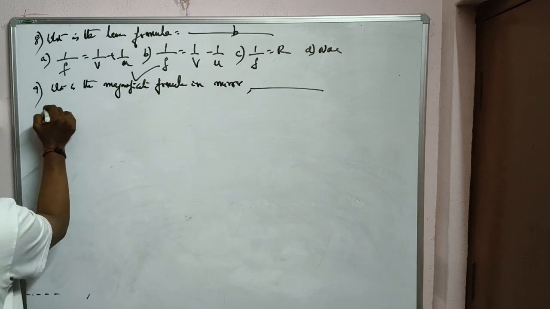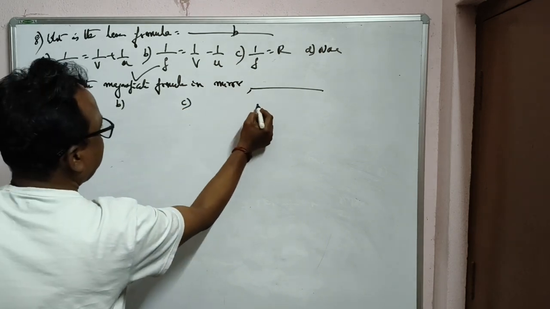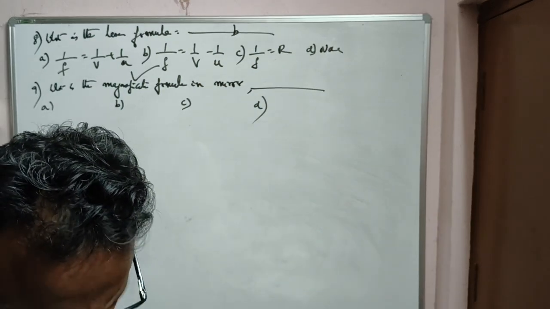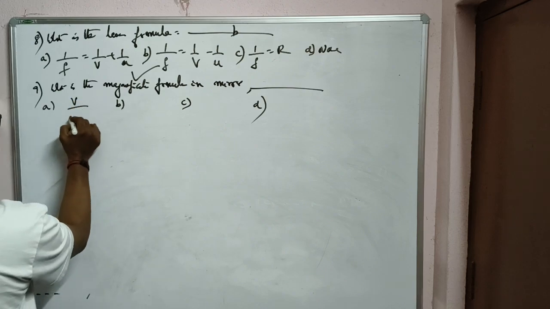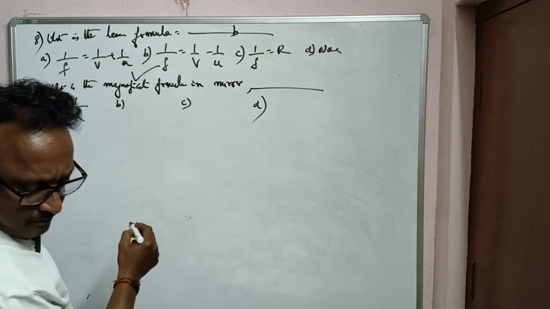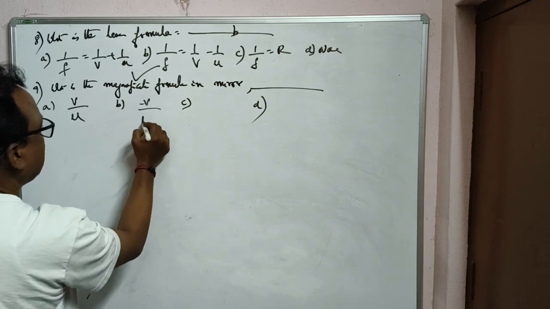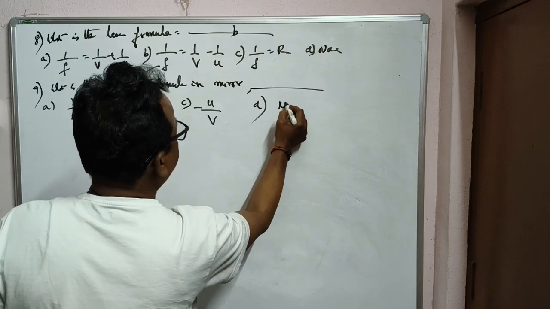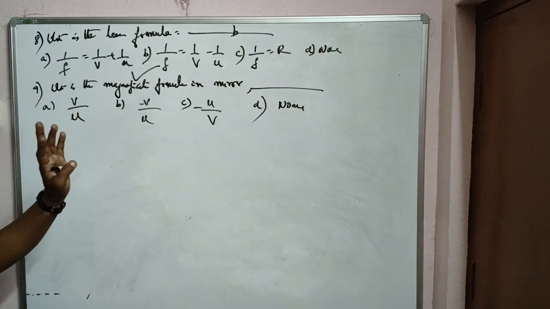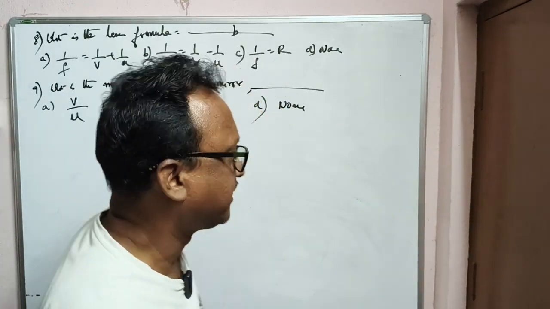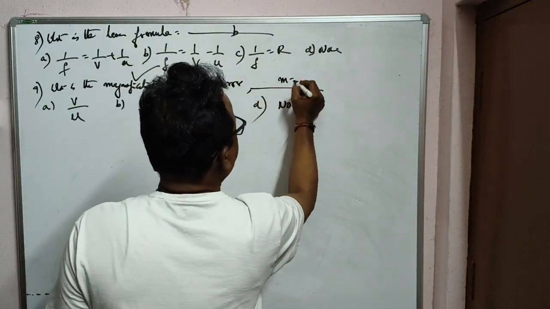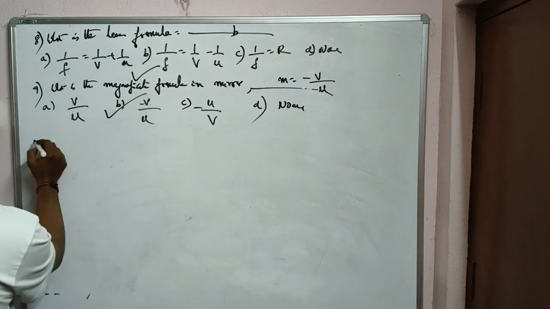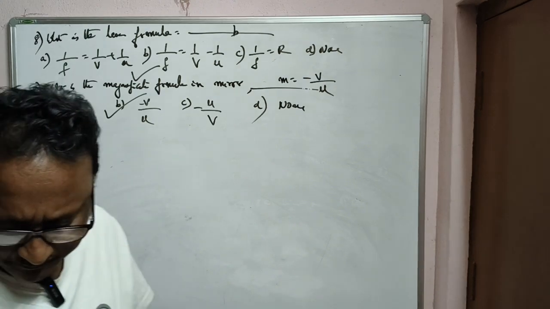Dash A, B, C, D. So he is asking you what is the magnification formula in mirrors. A, V by U, B, minus V by U, C, U by V minus, and D none. So in mirror formula magnification, one is plus, another is minus, I told you. So certainly M is equal to minus V by U. B answer.